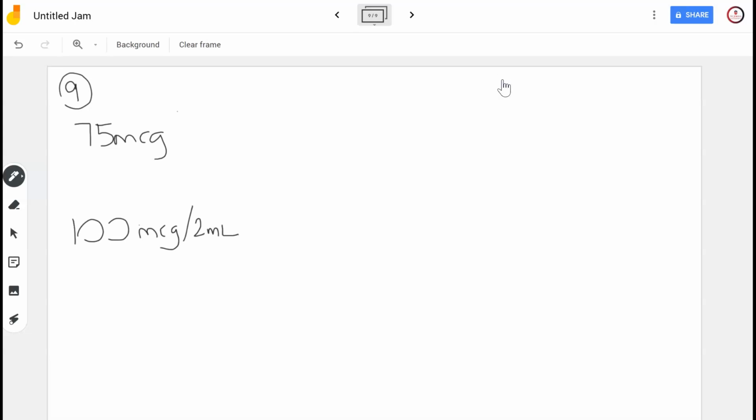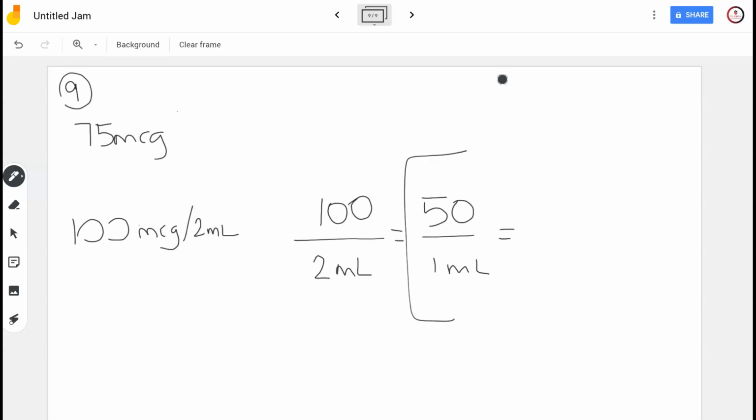So again, you have your dose on hand, which is 100 over 2, which you could also turn into 50 over 1 ml. And then you're going to cross multiply. 75 micrograms, so 50x equals 75.